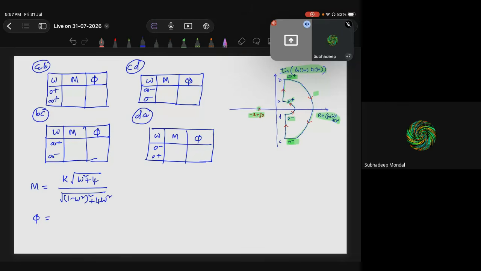Then what is phi? 180 minus tan inverse omega by 2, minus 2 tan inverse omega by 1. Correct? Can you hear my voice?